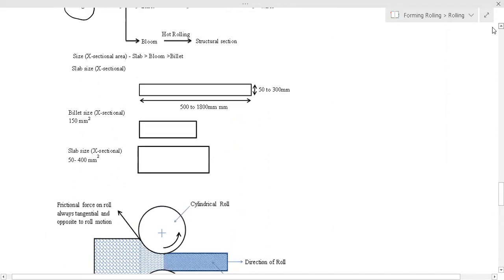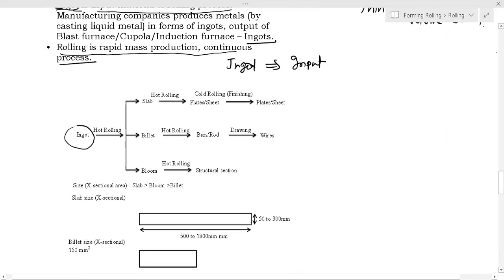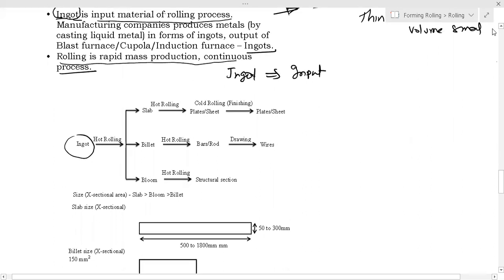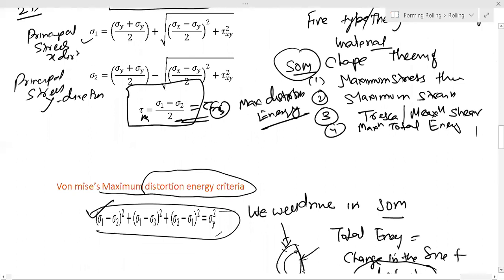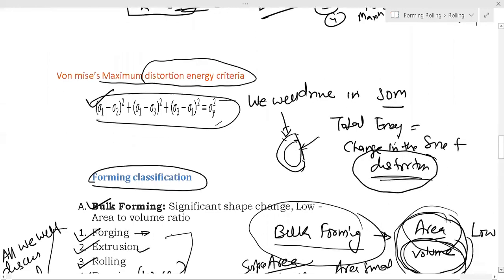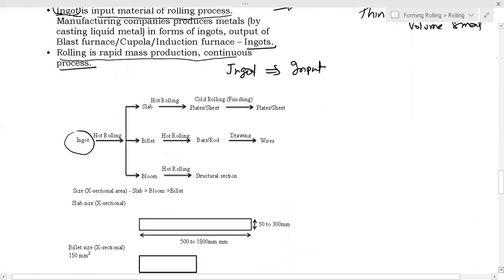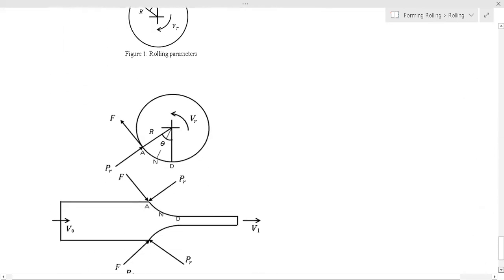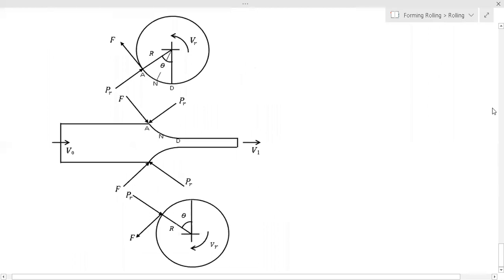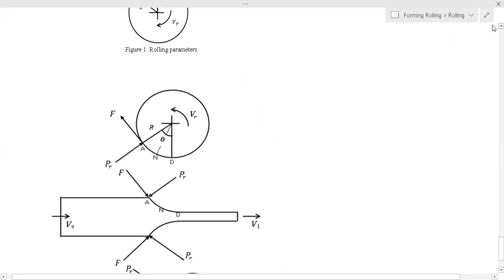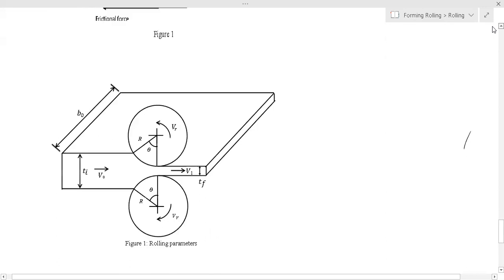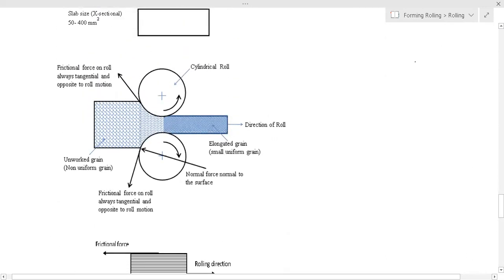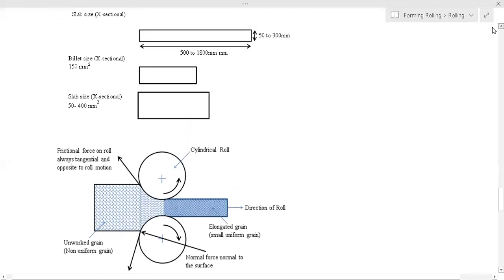First, we'll quickly understand what is hot working process and what is cold working process. Sometimes they might ask you right now.